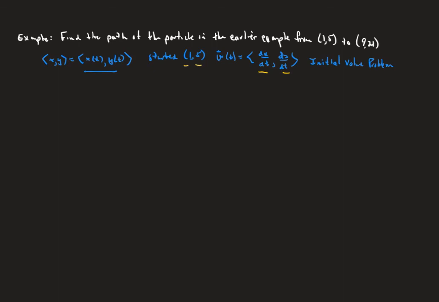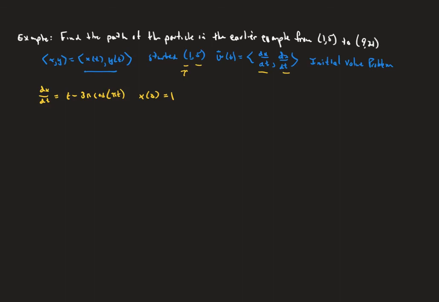That is, what we're saying is that we know dx dt is equal to, and the x-coordinate of the velocity that we had earlier is t minus 3 pi cosine of pi t. And we also know its initial condition because it started at the point 1, 5. That means we know that x of 0 at time 0 was equal to 1. So this is really just a differential equation with an initial condition.